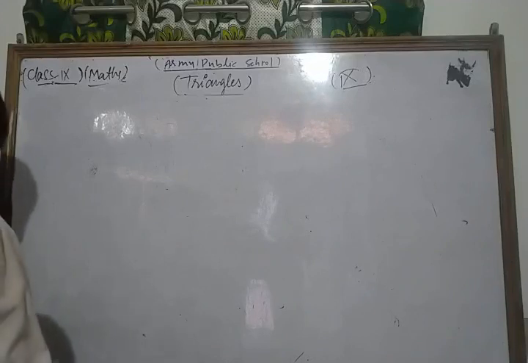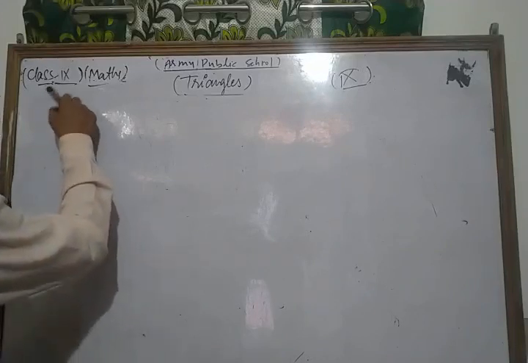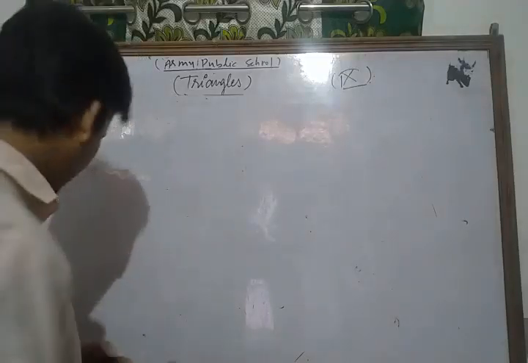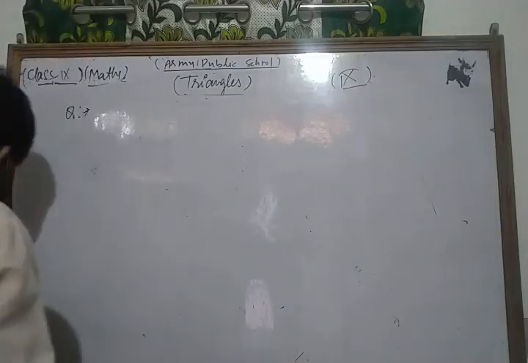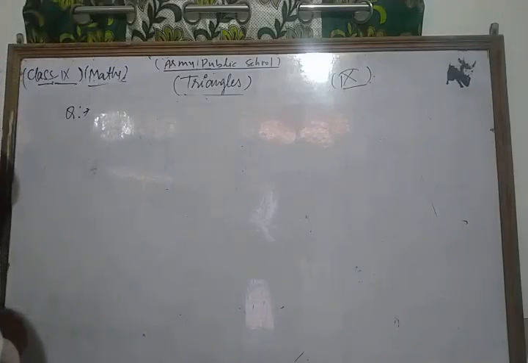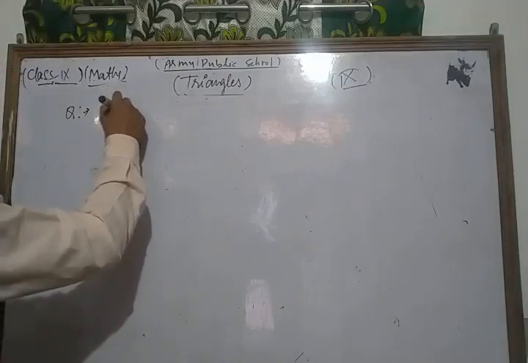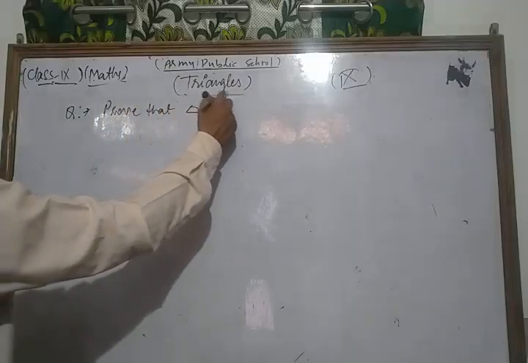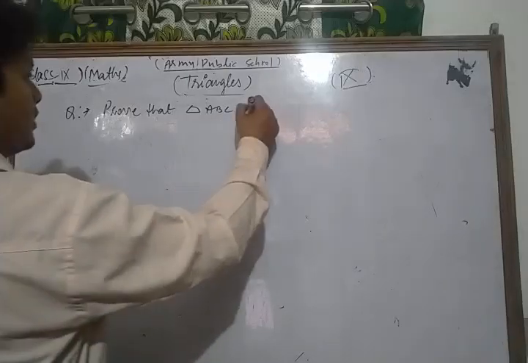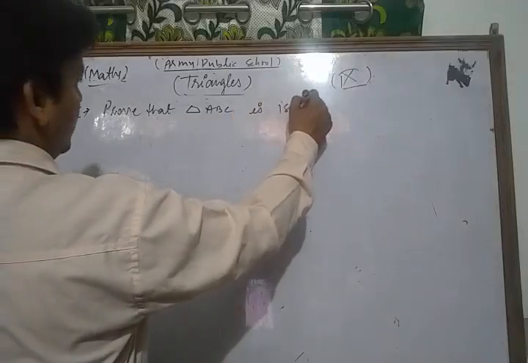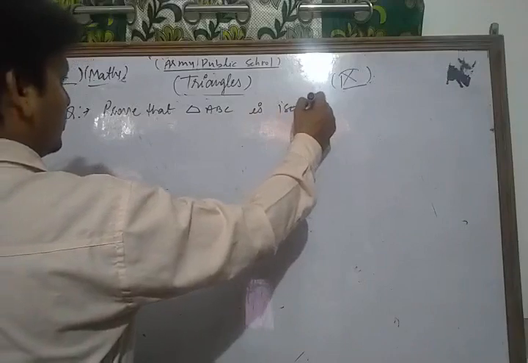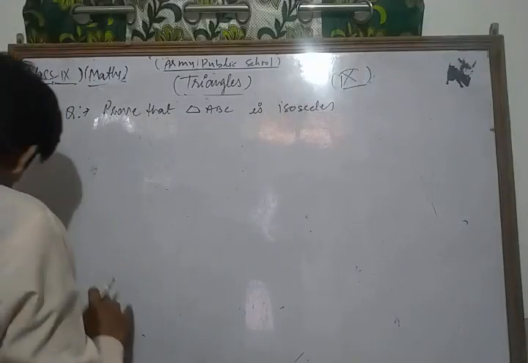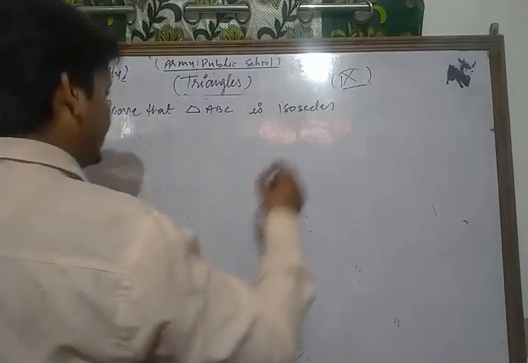And the question is, dear friends, this is a very important question of your syllabus. Your question is, prove that triangle ABC is isosceles if any one of the following holds.